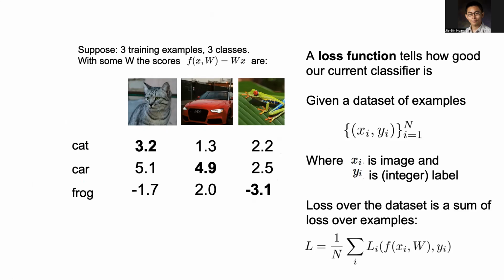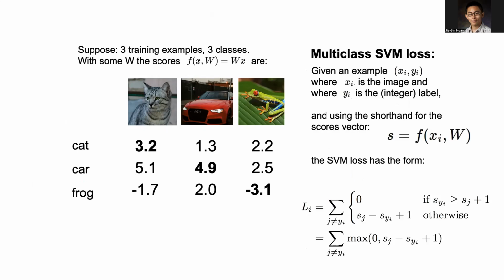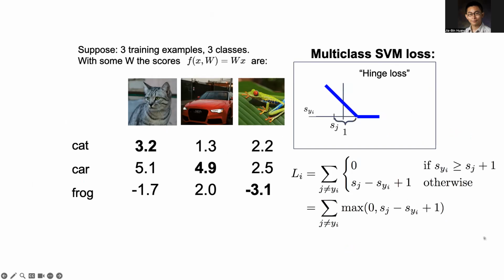Okay, so the first way to look at these things is the following. It's called hinge loss. It means that my loss looks like this.